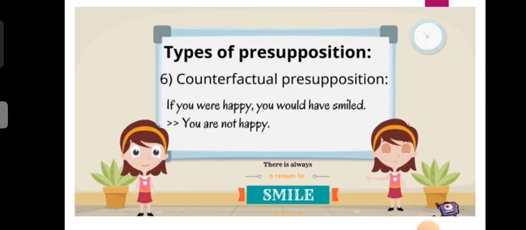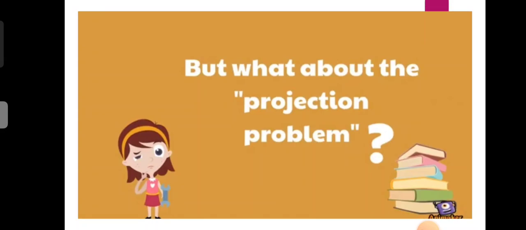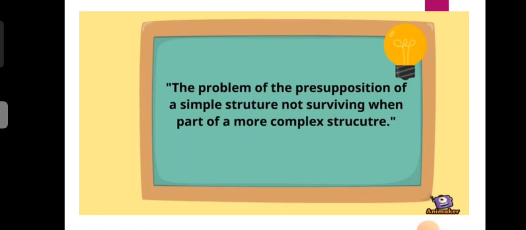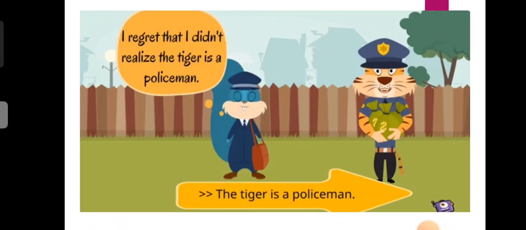But what about the projection problem? The projection problem is the problem of the presupposition of a simple structure not surviving when part of a more complex structure. For example, I regret that I didn't realize that the tiger is a policeman.